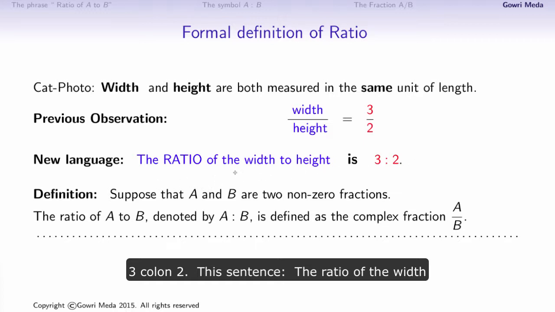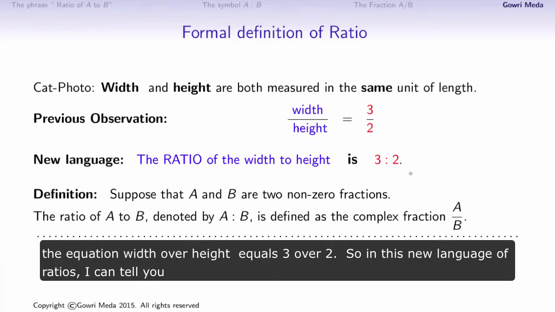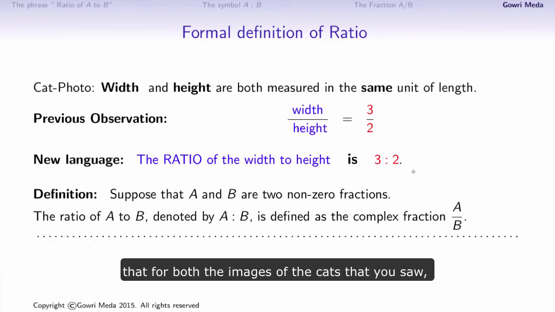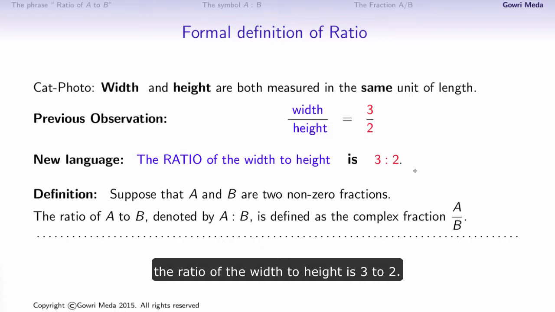This sentence, the ratio of the width to height is 3:2, is conveying the same information as the equation width over height equals 3/2. So in this new language of ratios, I can tell you that for both the images of the cats that you saw, the ratio of the width to height is 3:2.